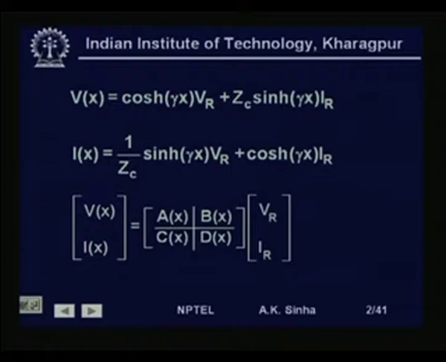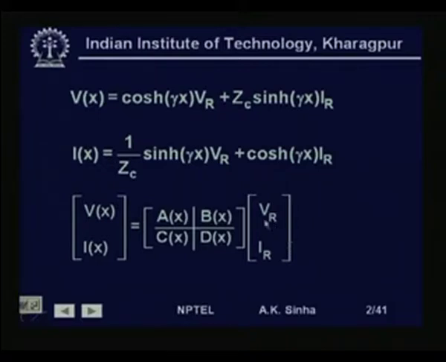Now, since we have been writing all these transmission line equations in terms of ABCD parameters, we can write this equation also in those terms. So, in matrix form, [V x; I x] is equal to [A x, B x; C x, D x] times [V r; I r].